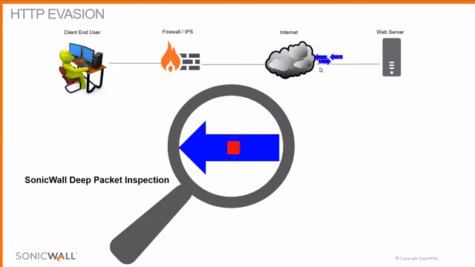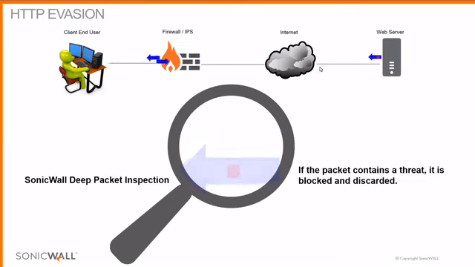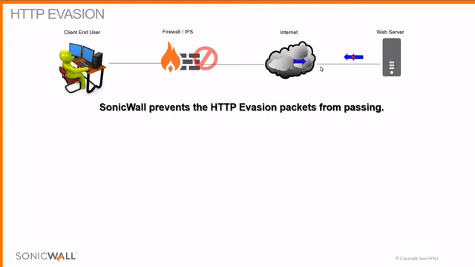We're able to see that the packet contains something malicious, and that it's not conforming to the standards of normal web traffic. We're able to block and discard that packet from entering the network. The SonicWall will block that HTTP evasion packet from even traversing the firewall, while continuing to allow the good content.